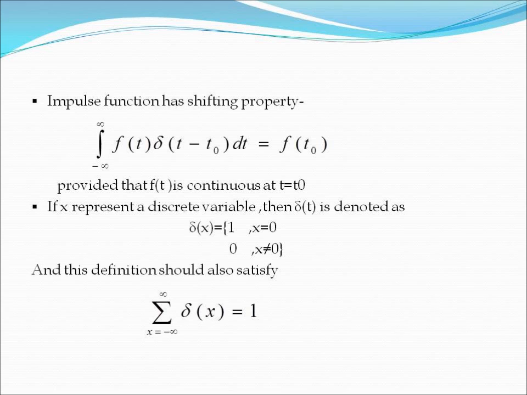If x is represented in discrete variable, then delta x is denoted as given. And this definition should also satisfy the summation of delta x from minus infinity to infinity should be equal to 1.